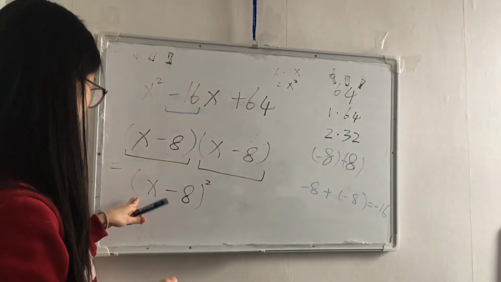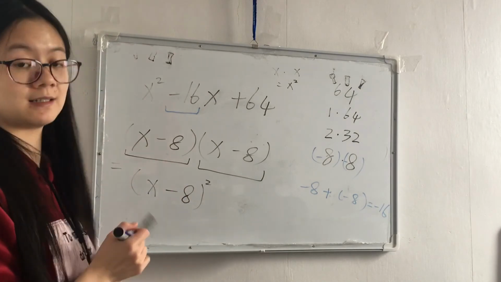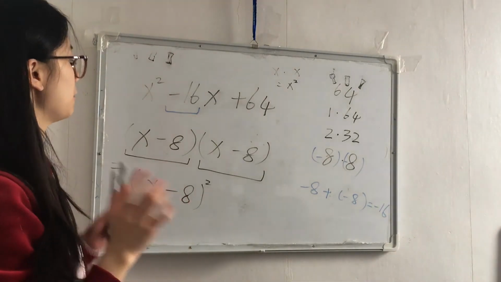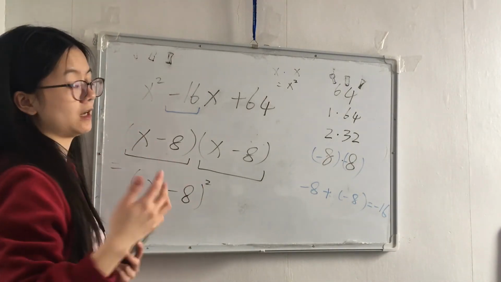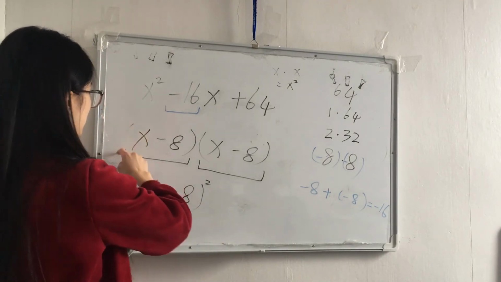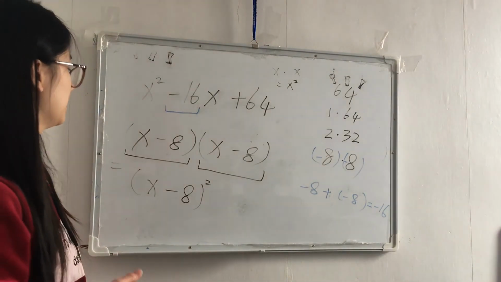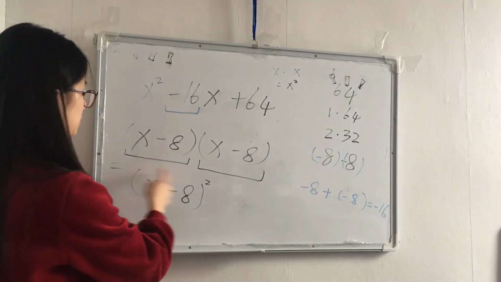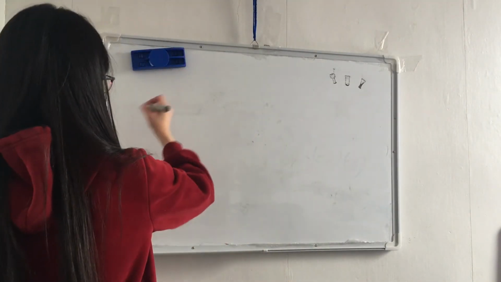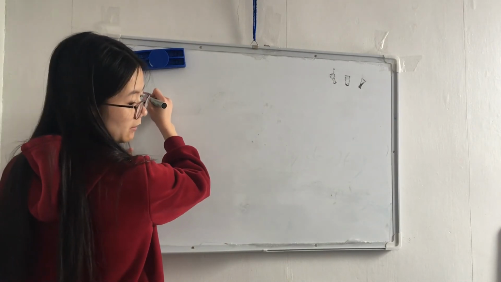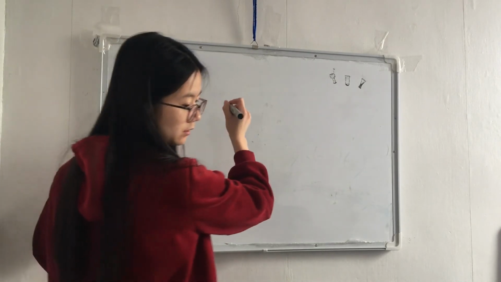Okay, so we can write it in this format too. Of course, for now we are working on the factor form, so we can just use this. You can leave it like this, that is okay.